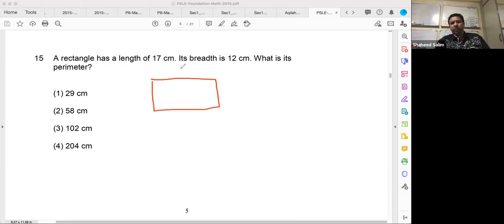Once you find a perimeter, length is 17, breadth is 12. Find the perimeter.